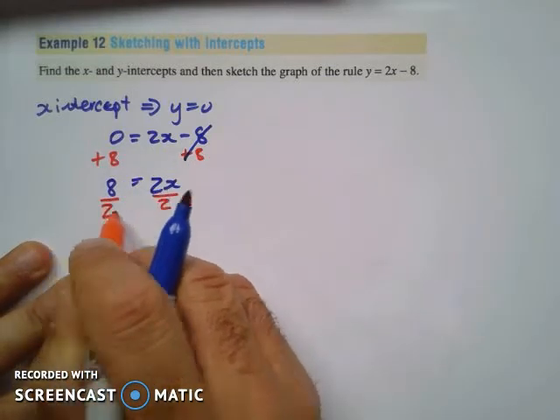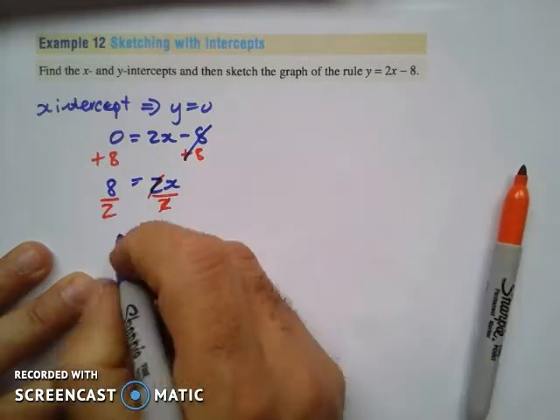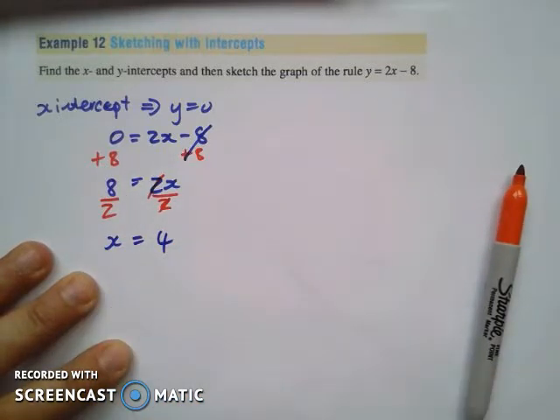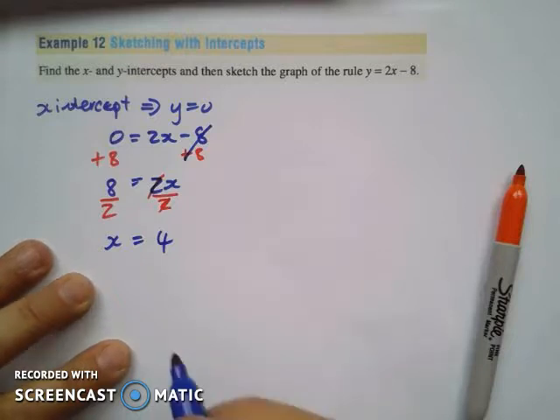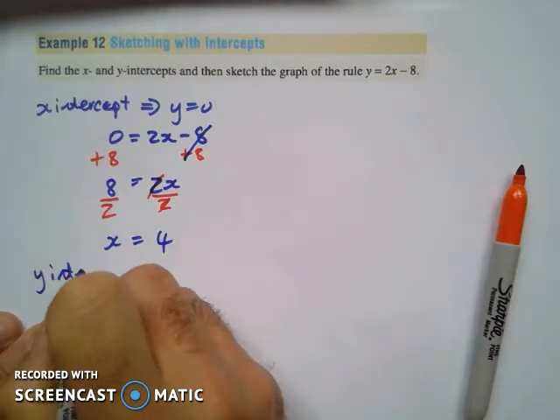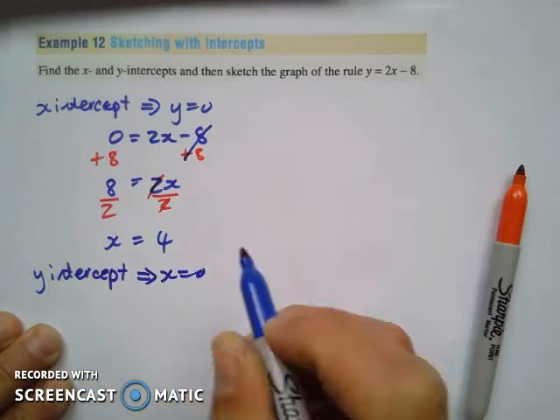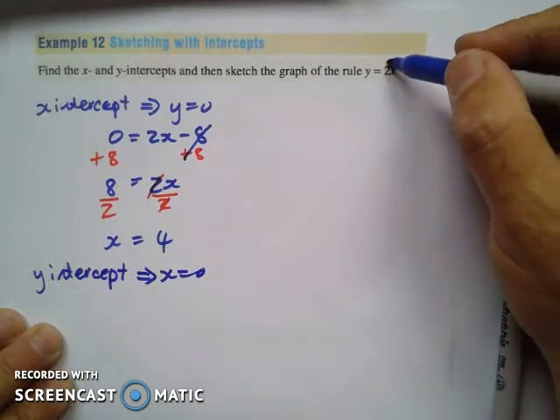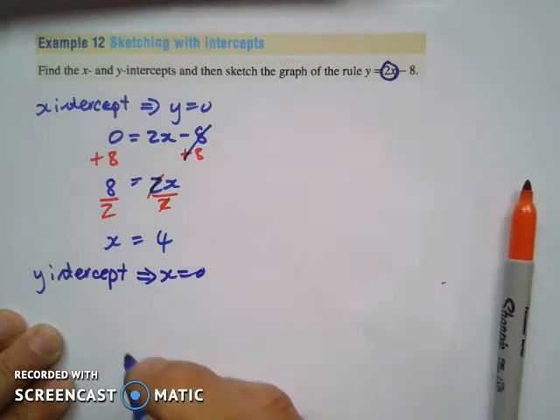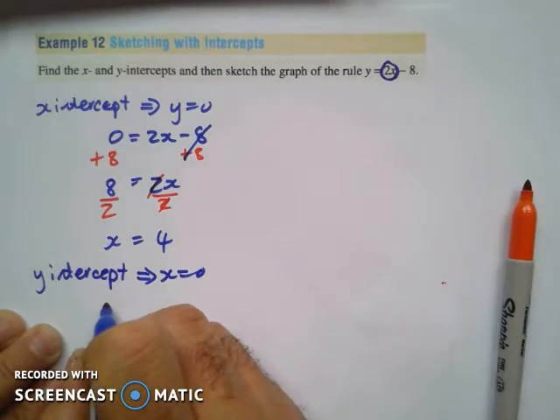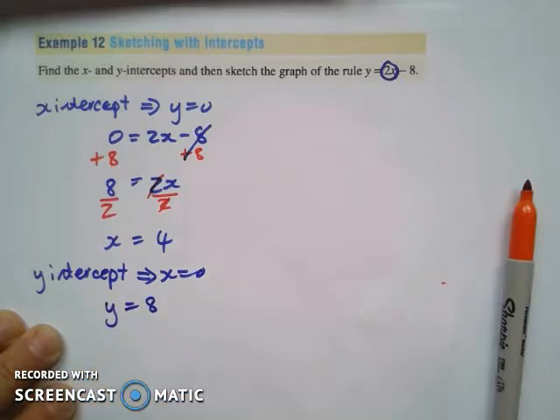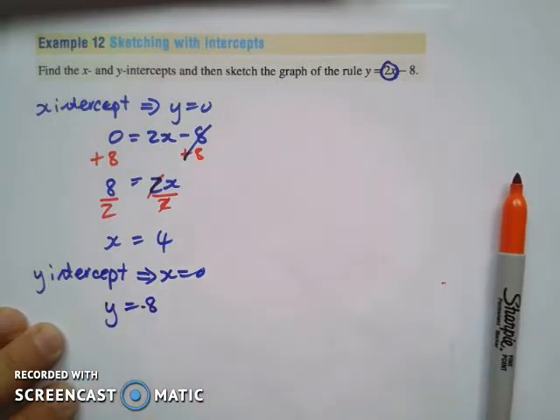Divide by 2, which means x equals 4. My y-intercept is where x is 0, so if that is 0, y equals negative 8, which is my c value.